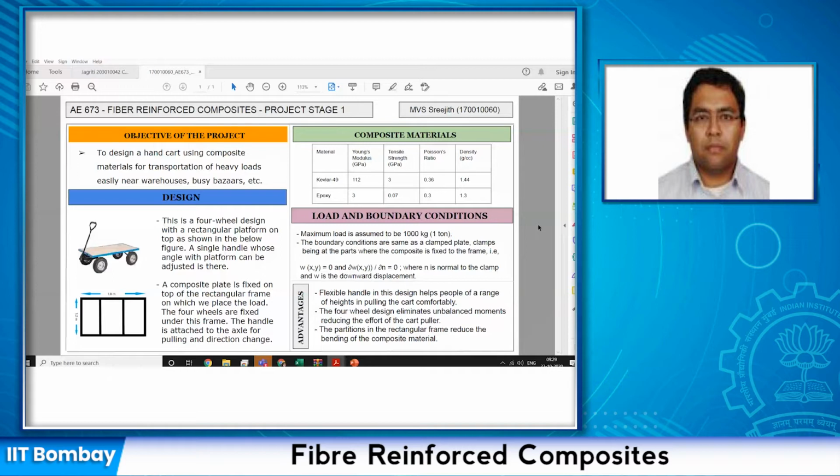But okay, the other thing is, you didn't mention what kind of load, and who can pull this kind of a cart, or what is the load you are thinking of? Oh, 1000 kilos. How did you arrive at that load? Actually, these are questions that I'm raising now, not because you have to answer them now. Even in previous slides, some people have put some numbers.